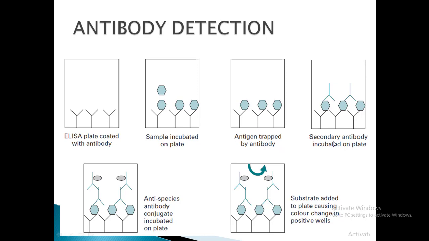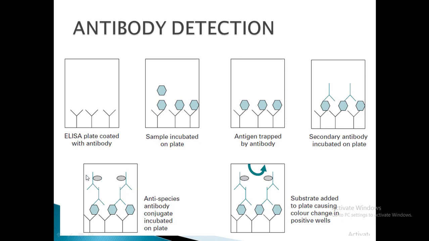Now we apply the secondary antibody that is incubated on the plate. The antibody in question, or the antibody of the patient sample, will trap the antigen which we added already. Now this antibody will be detected by another anti-human globulin antibody which is conjugated with enzyme.